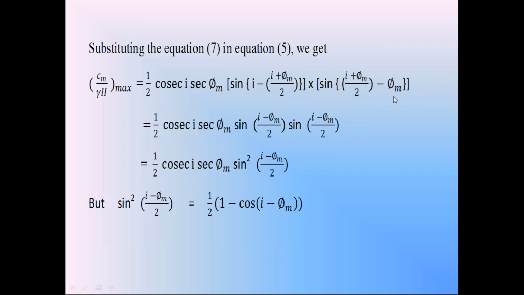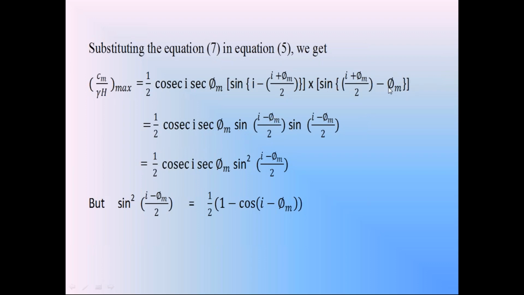Simplify this right hand side. Half into cosecant I into secant phi m. Take 2 as LCM in the first sine term: 2I minus I minus phi m, so it is sine (I minus phi m) by 2.